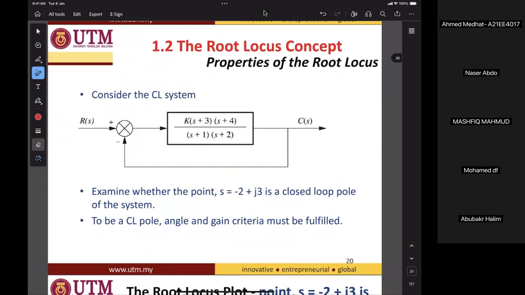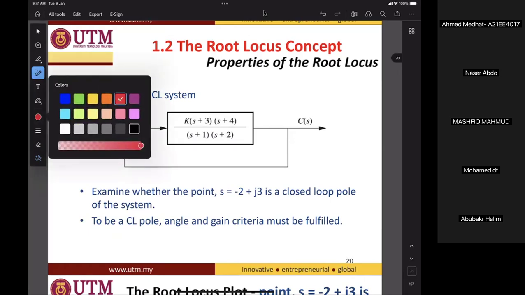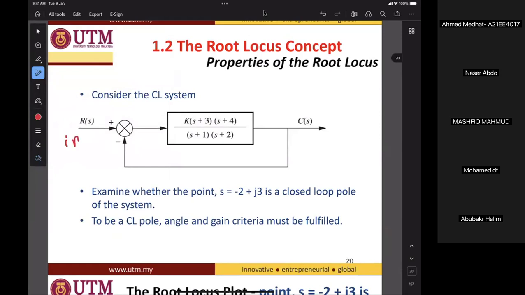Let us see this example where you are given a closed loop system. R is the input, and C(s) is the output.